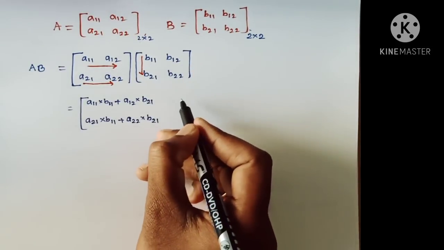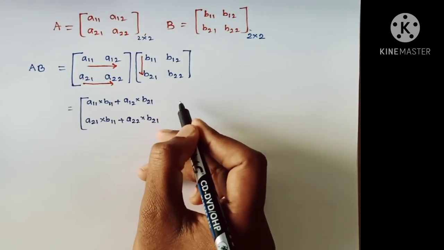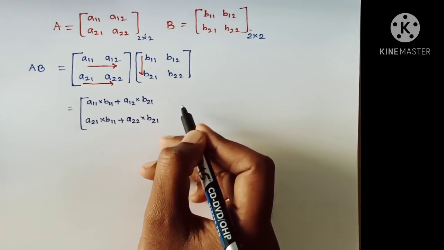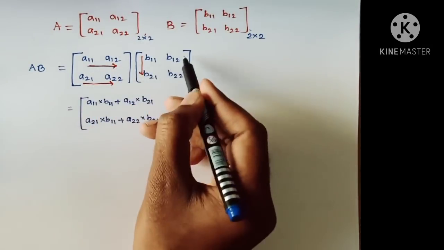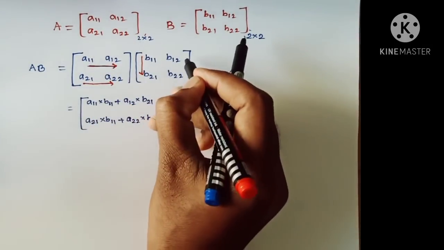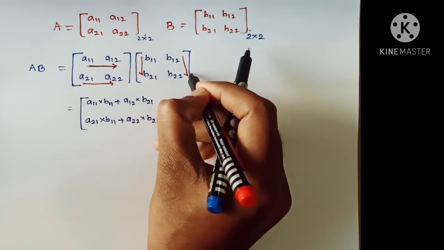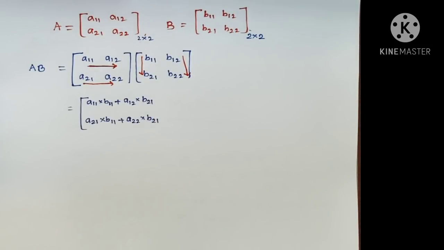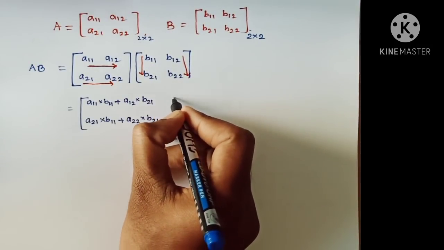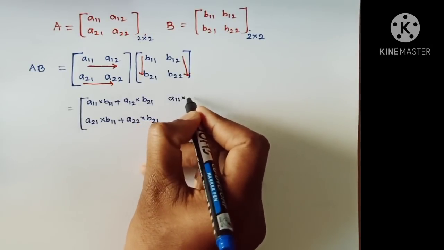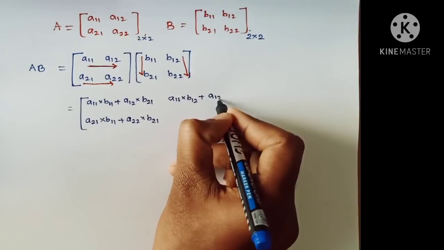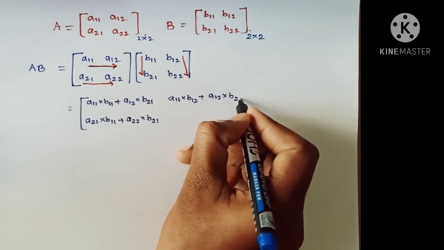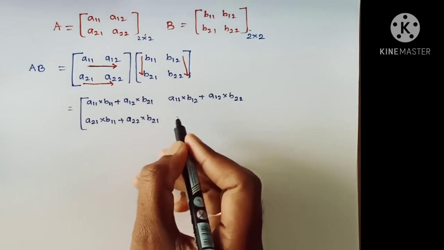Similarly, for the second column, we multiply the first row with the second column of the second matrix, that is A11 into B12 plus A12 into B22.